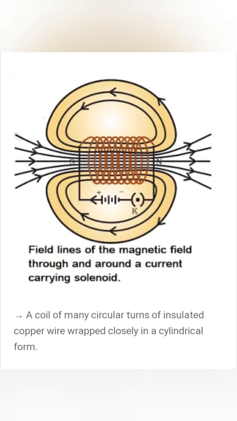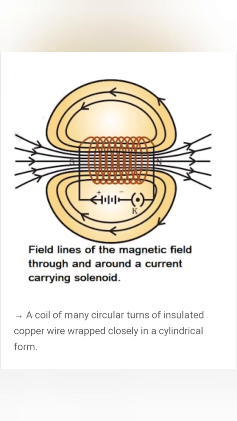It runs from north to south pole outside the magnet and from south to north inside the magnet. At the poles, the intensity of the magnetic field increases, and as we move away from the poles, the intensity decreases.